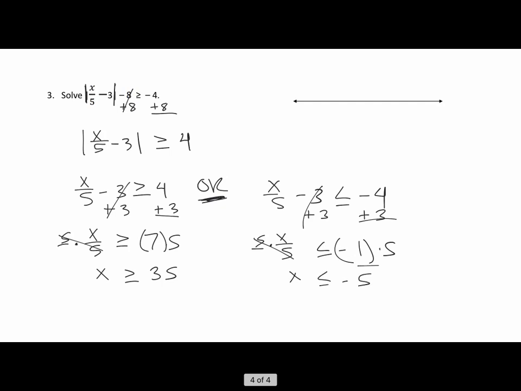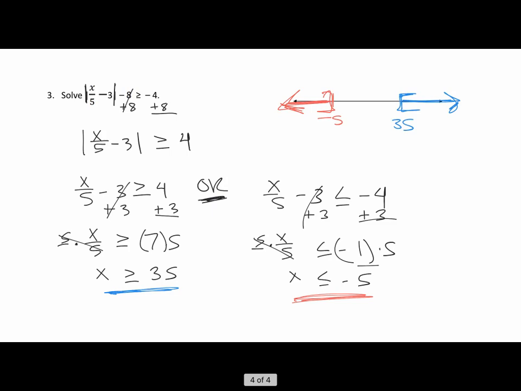Okay. So let me go ahead with the two colors. And we'll put 35 over here. We want everything more than or equal to, so that includes it. And for this one, we want -5 over here, and we want everything less than or equal to.